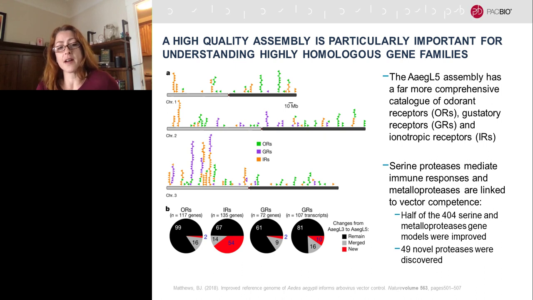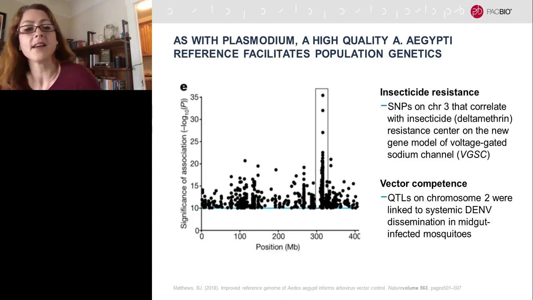What they found here, just briefly, is that half of the 404 serine and metalloprotease gene models were improved in the new reference, and 49 novel proteases were discovered. So hopefully, and this was only just published in 2018, this new reference will yield new insight into all kinds of things that are important for infectious disease.